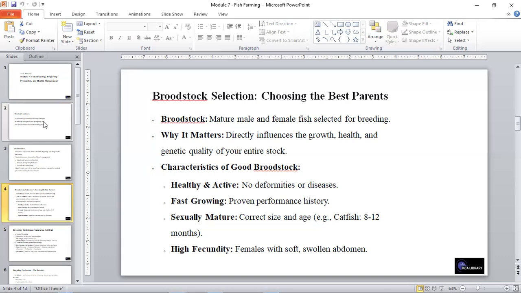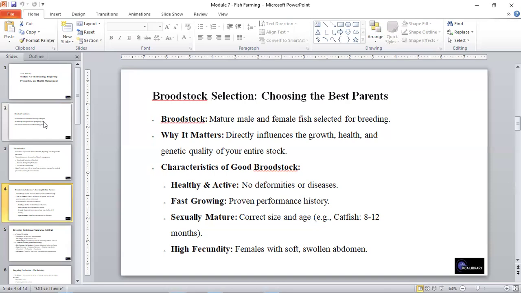If you are watching out to select parent stock for breeding, you need to consider their health. Are they healthy and active? That is the absence of deformities or diseases. Also, you need to consider if they are fast growing. It has a proven performance history.